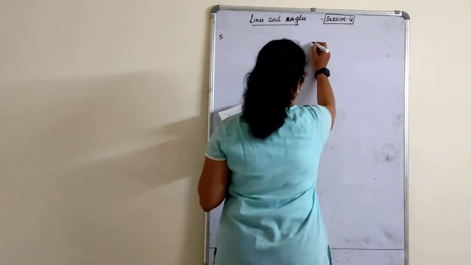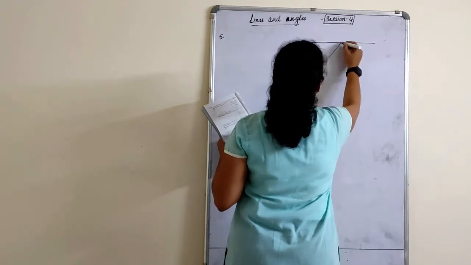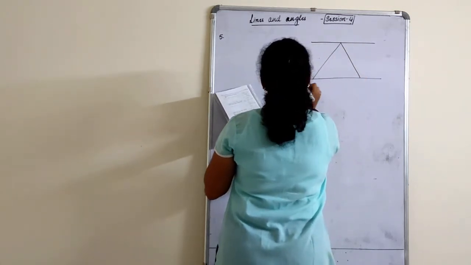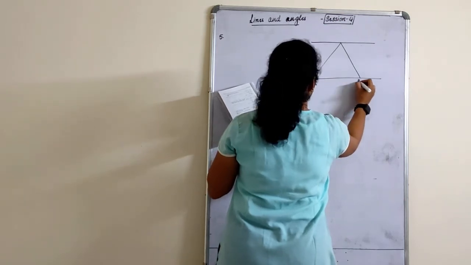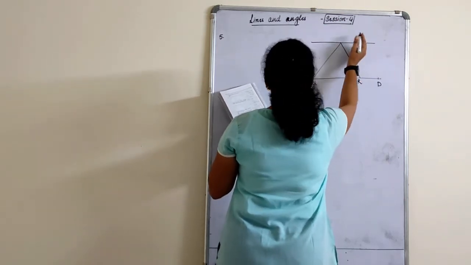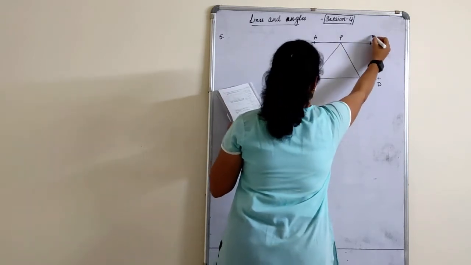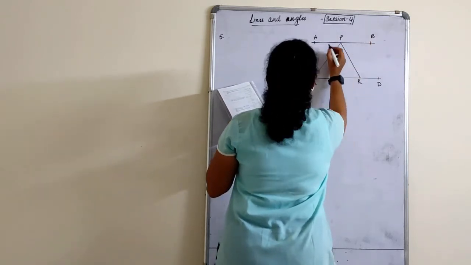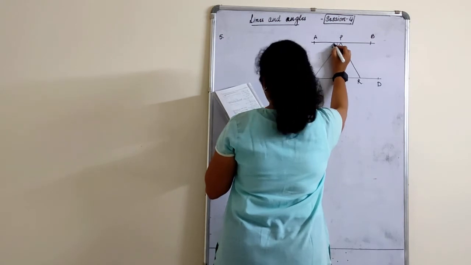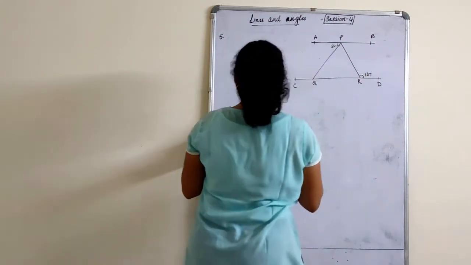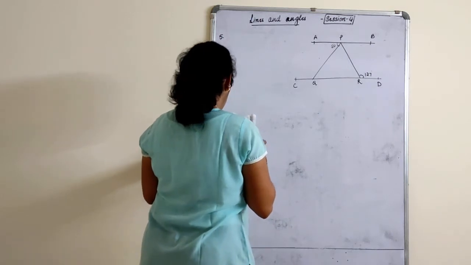So let's draw it quickly. So this is C, Q, R, D, P, A and B. The marking-wise 50 degrees, 127 degrees.